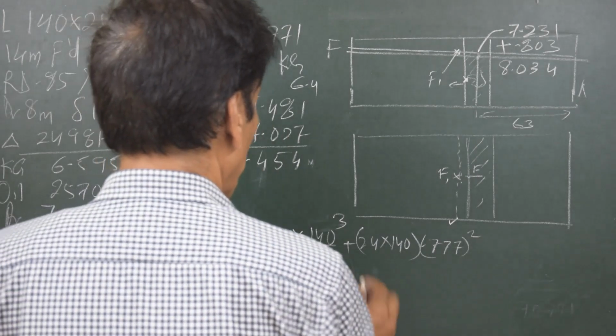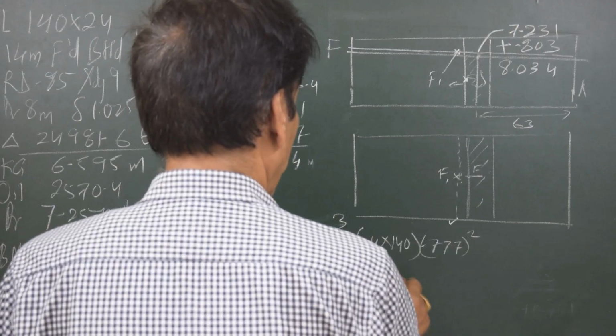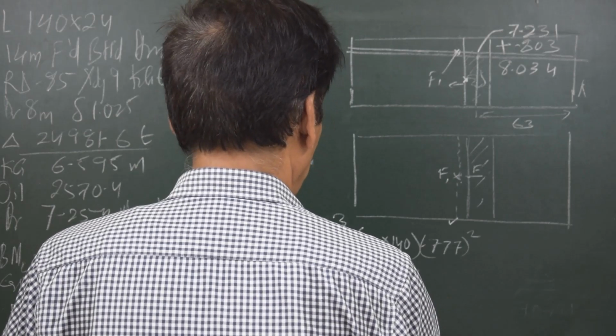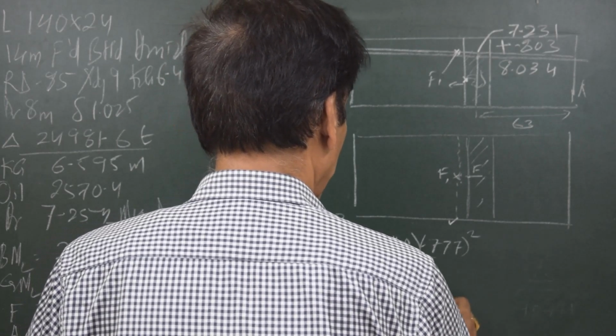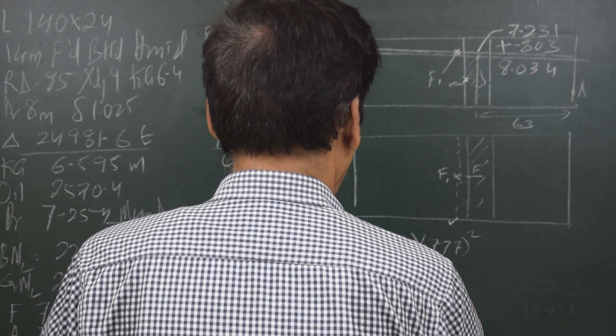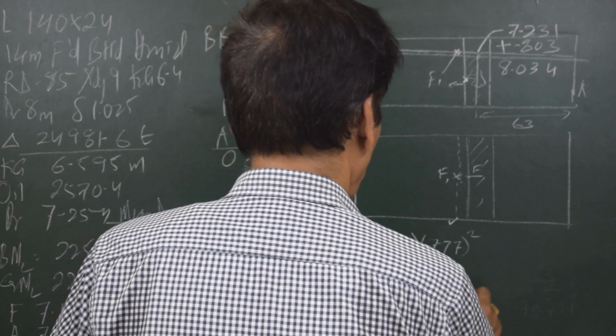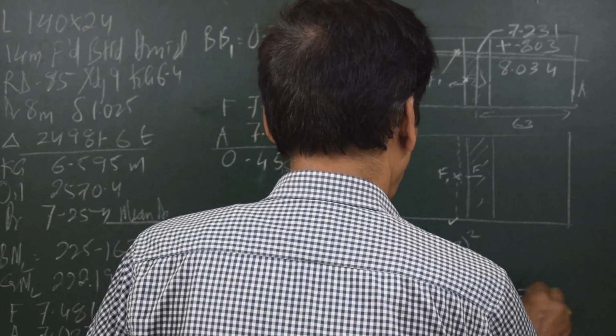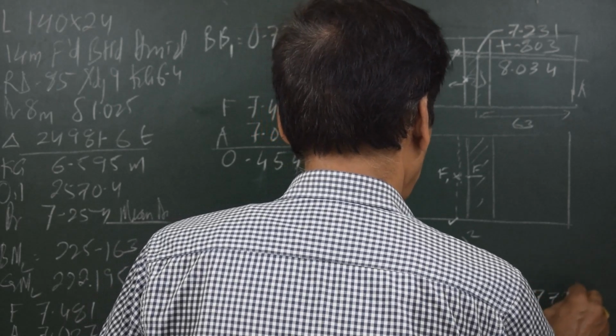From that I need to remove 24 into 14 cube divided by 12 plus 24 into 14 into 7.777 square.